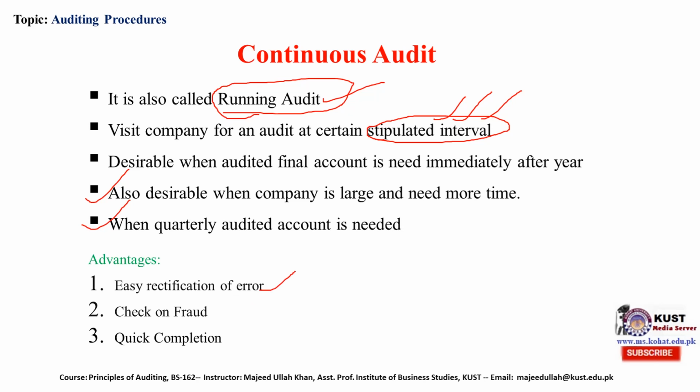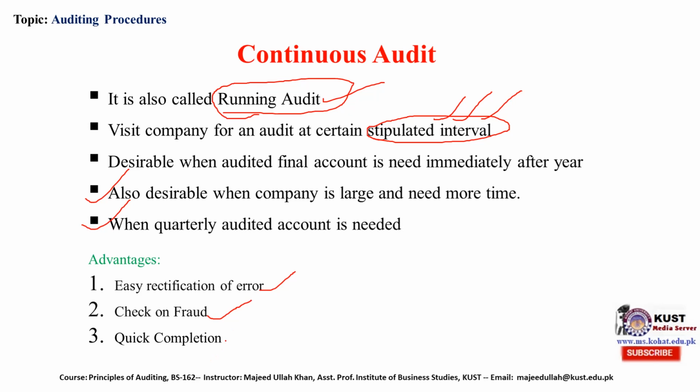Errors can be spotlighted as well as rectified more quickly. Similarly, fraud can be detected at an early stage. It imposes checks upon fraud because books are kept up to date and a moral check is exerted on the staff.